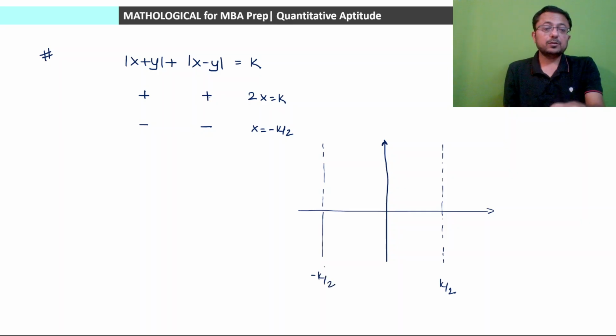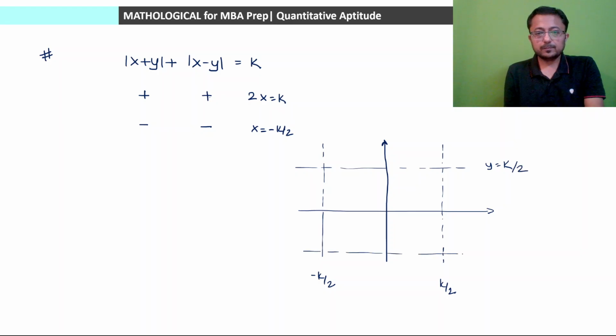Similarly, we will have the other two cases, that will be y is equal to k by 2 and y is equal to minus k by 2. So for the four cases, when both are positive, this region will be satisfying. In this region, both will be positive. Okay, focus on the intersection points and accordingly draw the graph.